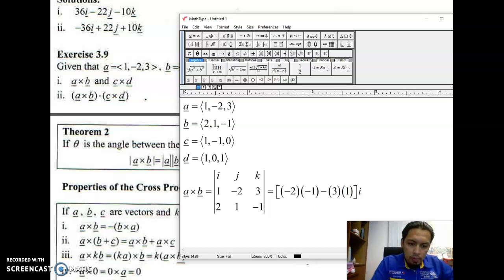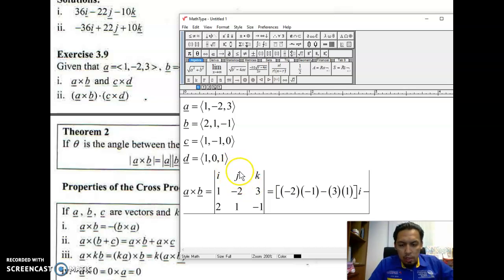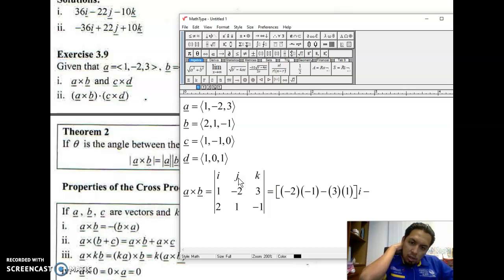This is for I, and then minus. Remember for J it should be negative because of the sign pattern. I and J is equal to, negative 1, no, actually equal to 3, negative 1, 1 plus 2, yeah, 3.